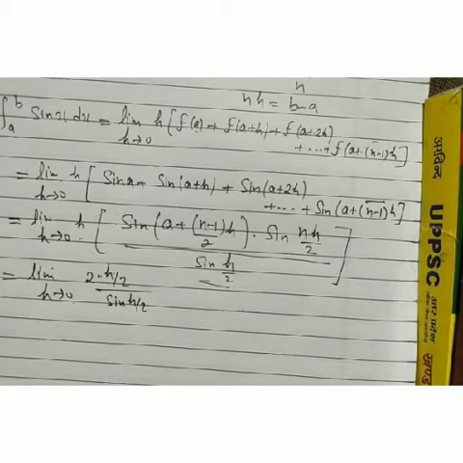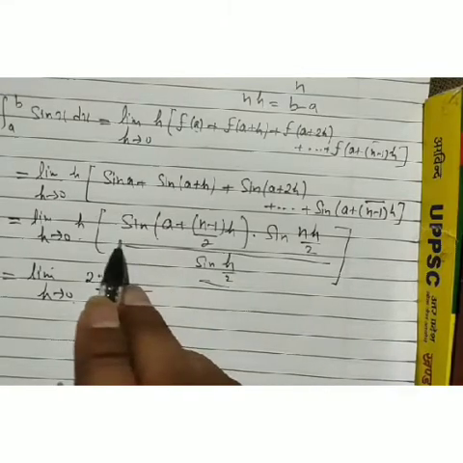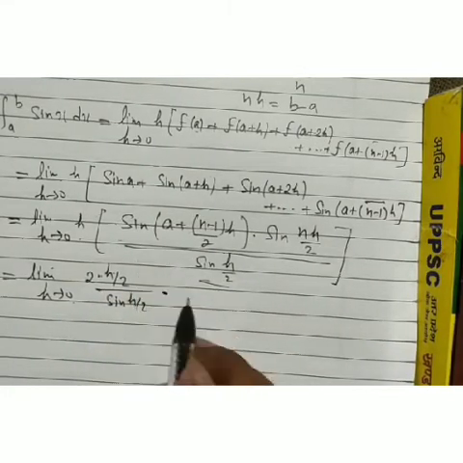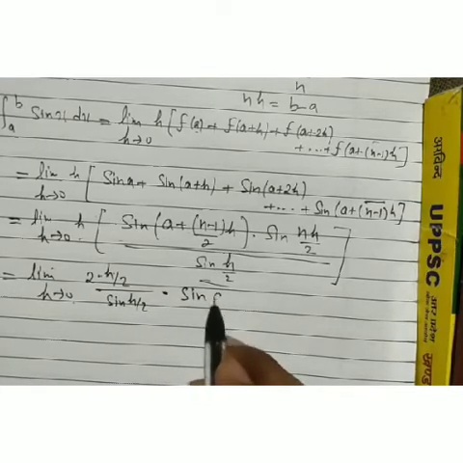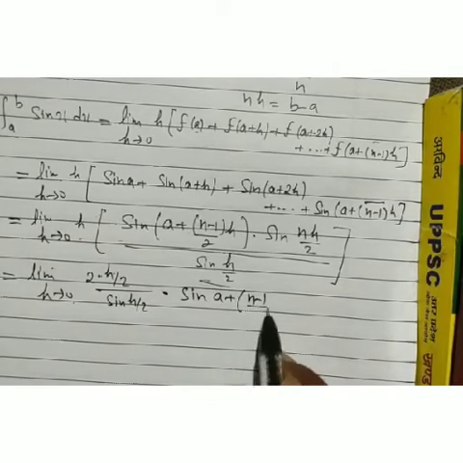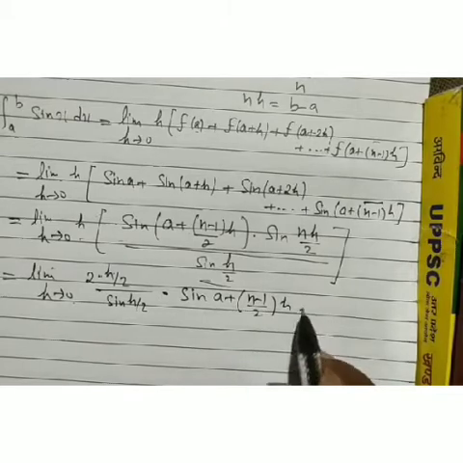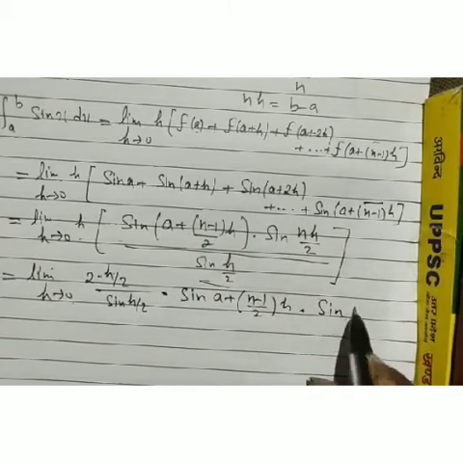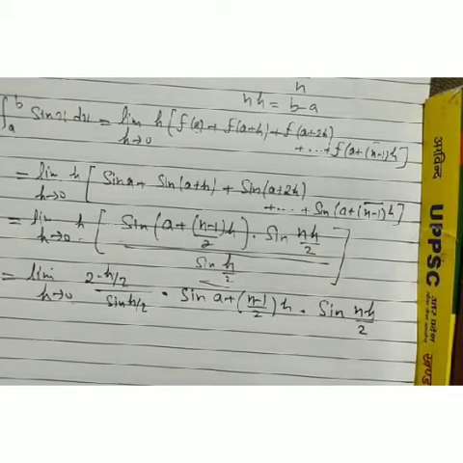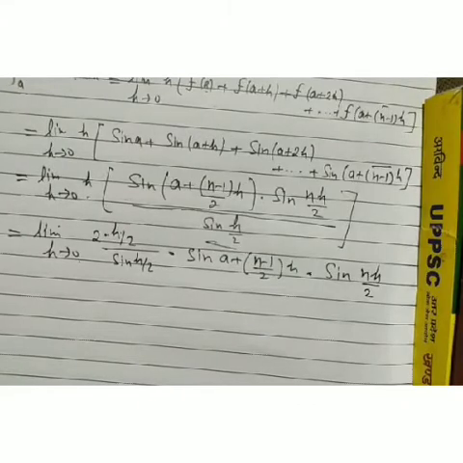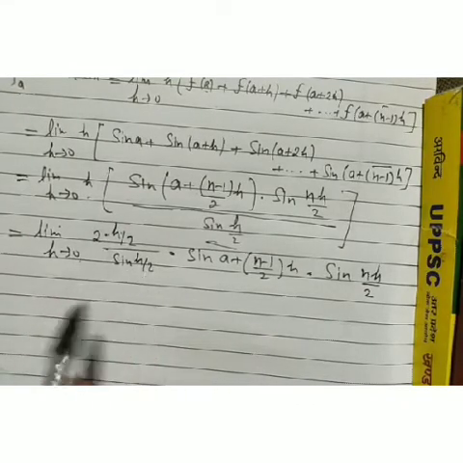We get 1 there. Then now what we have remaining is this portion, sin(a + (n-1)h/2) into sin(nh/2). Now when we take the limiting value, this value is 1 there.